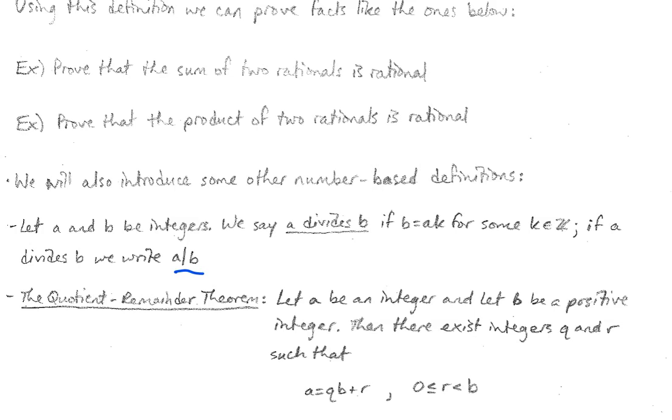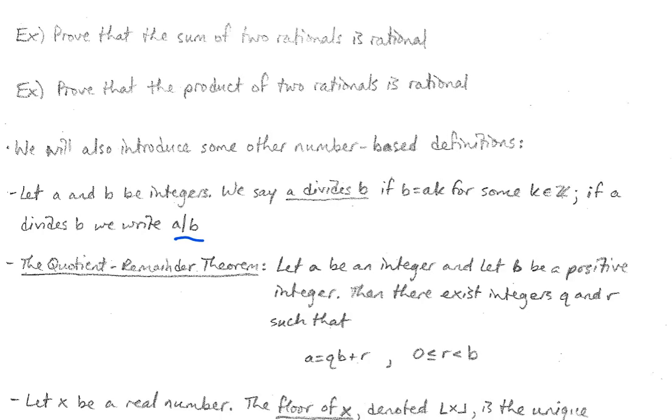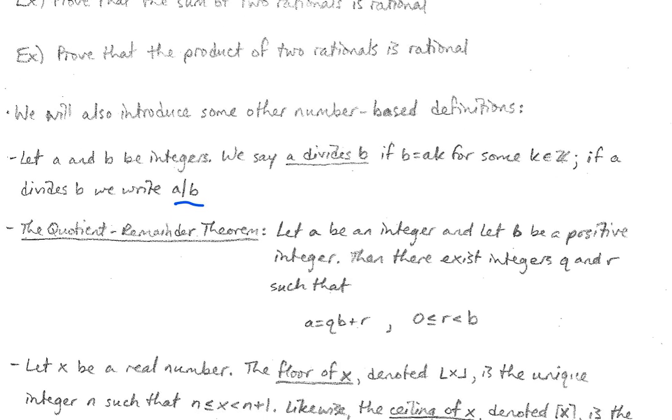There's a very basic yet very important theorem in number theory that I just wanted to show you. It's called the quotient remainder theorem. So let a be an integer and let b be a positive integer, and we assume that a is greater than b. Then there exist integers q and r such that a can be written as q times b plus r.